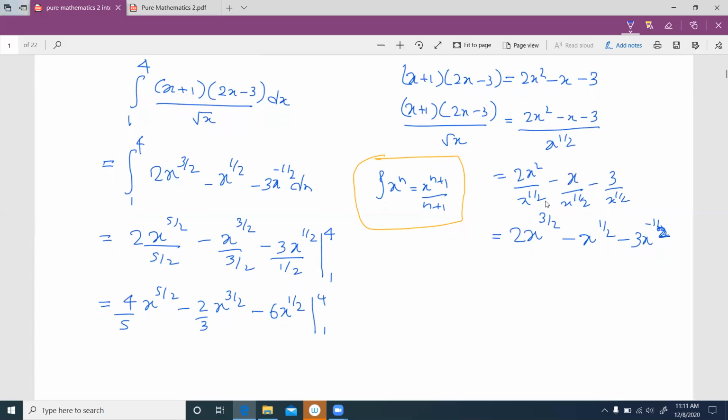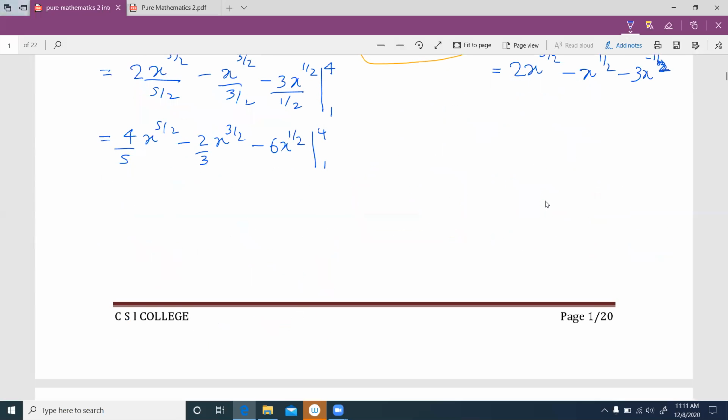Okay. Then what you can do here is substitute the upper boundary: 4 over 5, 4 to the power 5 over 2, minus 2 over 3, 4 to the power 3 over 2, minus 6, 4 to the power 1 over 2, which is the upper boundary substitution, minus then substitute the lower boundary.